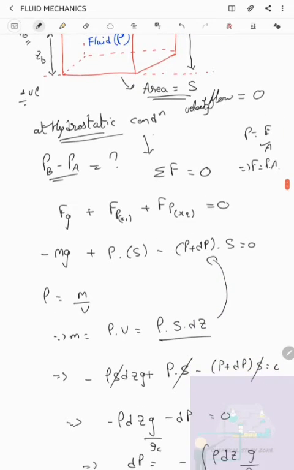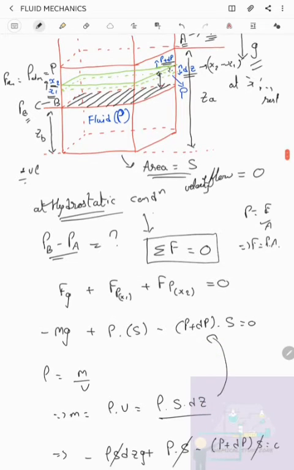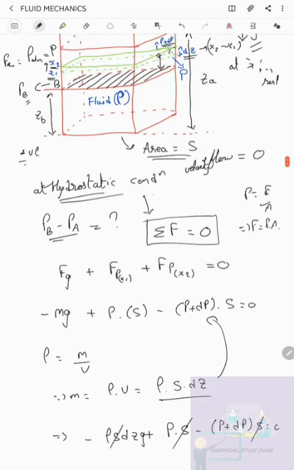As you know, in a hydrostatic condition, the sum of the forces acting on a part in a system is zero. That means here we have the gravitational force, the pressure force at x1, and the pressure force at x2. So the sum of all these forces equals 0, where the gravitational force is mass into g by gc.